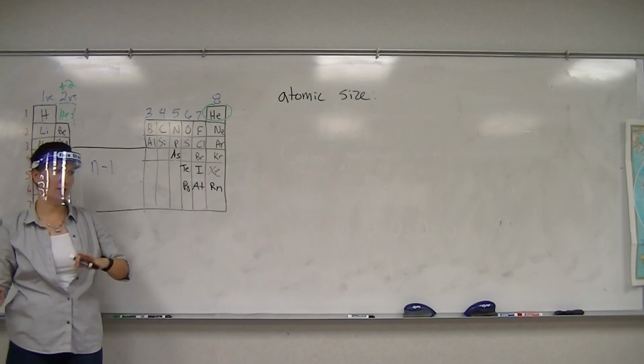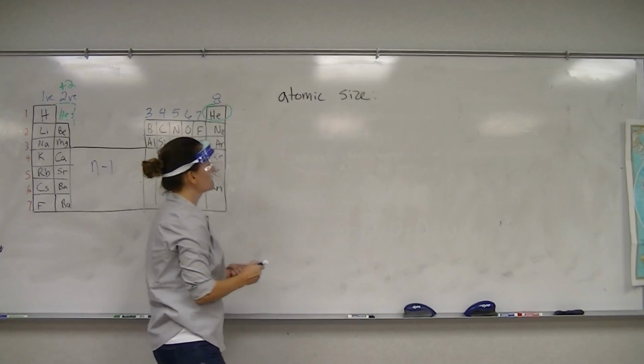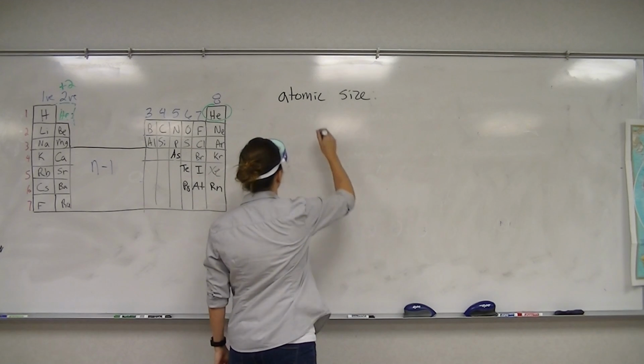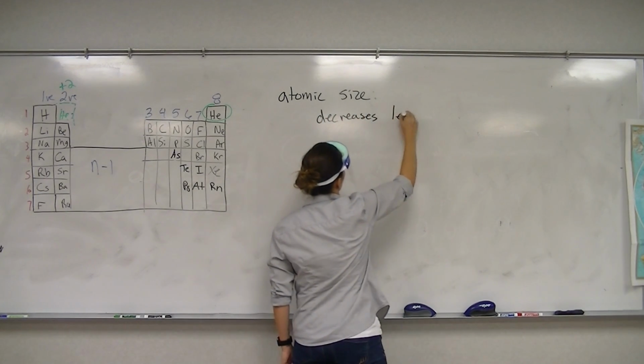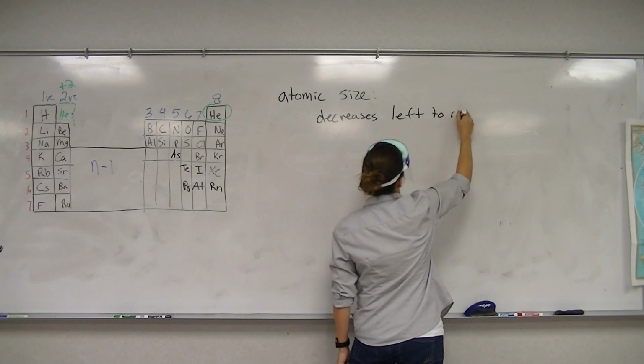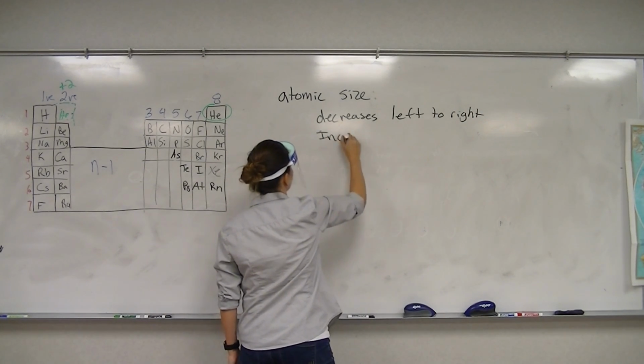So which one's the smallest, which one's the largest, which one's in the middle. Okay? So atomic size decreases as you go from left to right, and it increases as you go down.